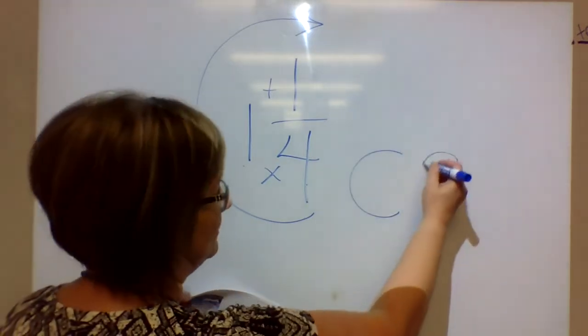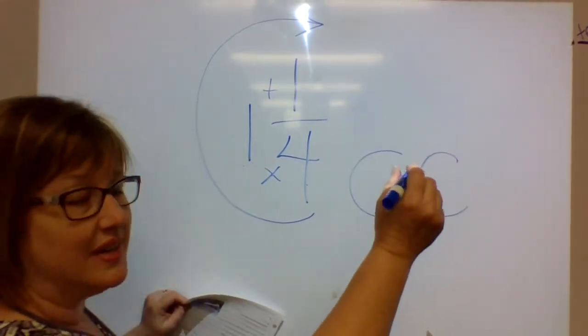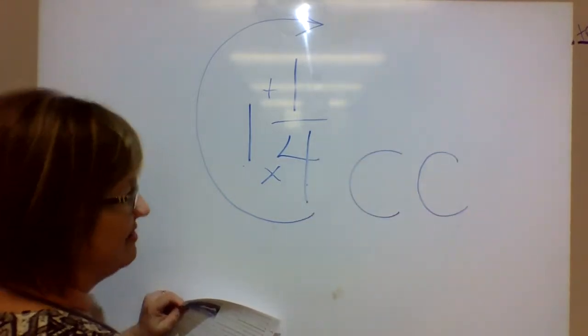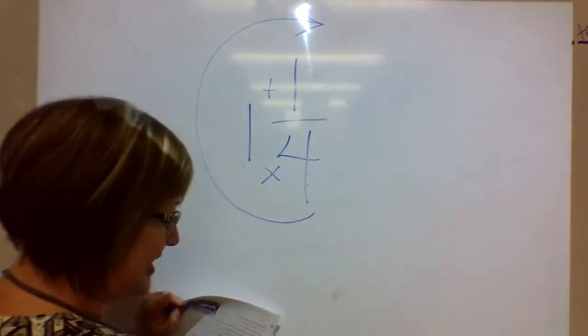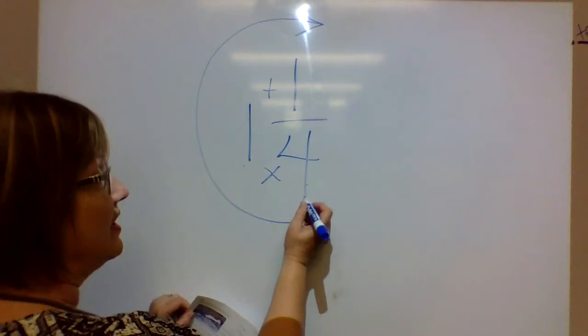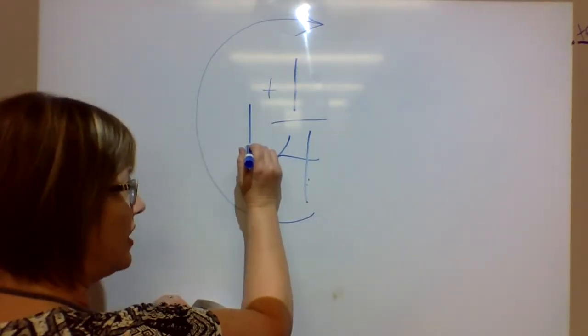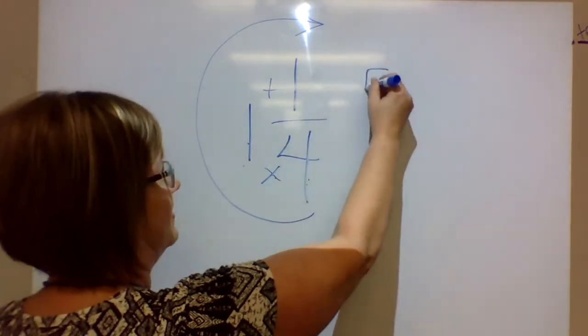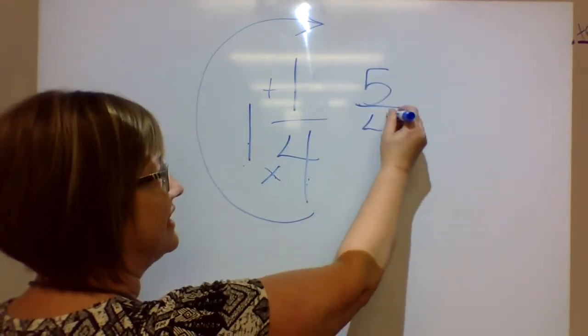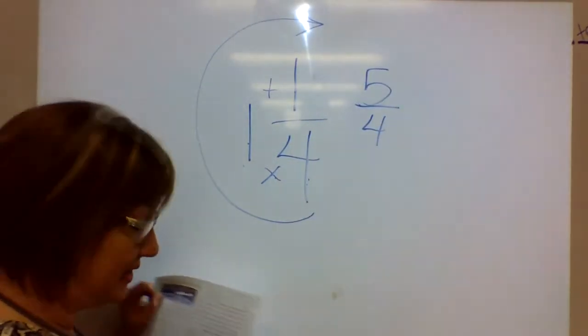We normally draw it this way. Most people draw down. This one you go upside down. I call it the upside down C, not the backward C. Okay, so we multiply first, then we add. 4 times 1 is 4, plus 1 is 5, and the denominator stays the same, 5/4. See how much easier that is?